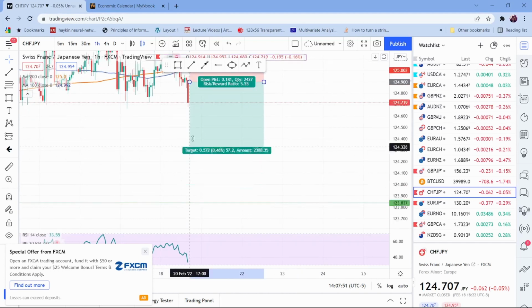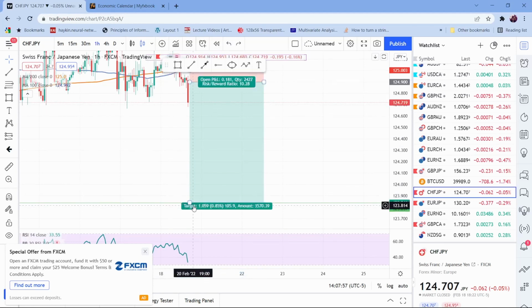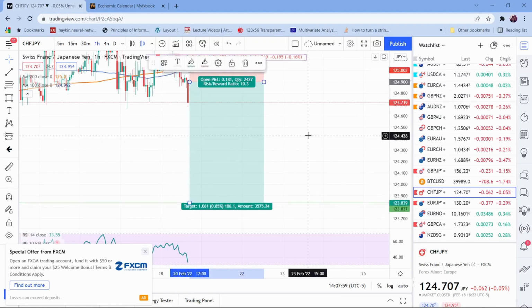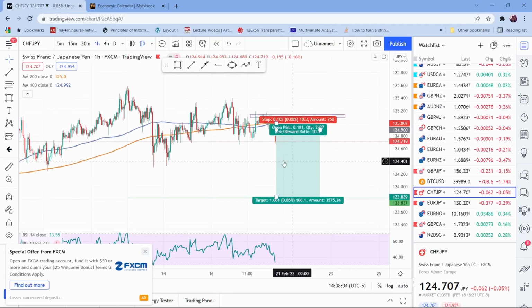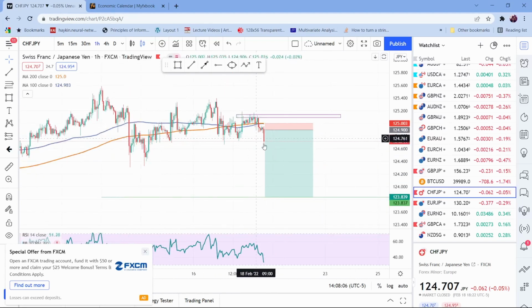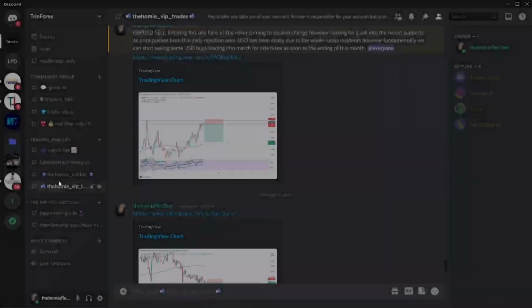So currently I am in 1%, maybe around 1.5% in profit right now on this trade being closed right here. I'm looking for that continuation moving downwards. We should see some JPY strength against the CHF right now. Again, because we do have that overall USD move starting to play out.